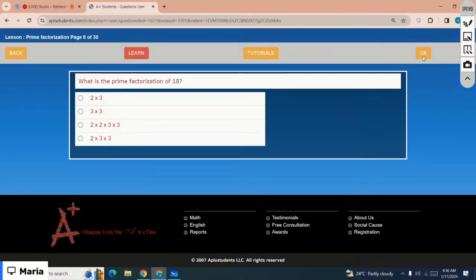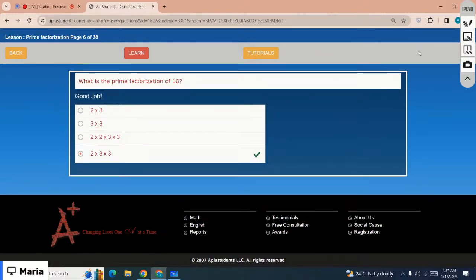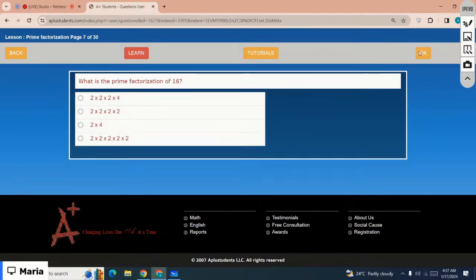That is 2 times 3 times 3. The last option is the correct option. Very good. Okay, the next one is, what is the prime factorization of 16, which is the correct option?